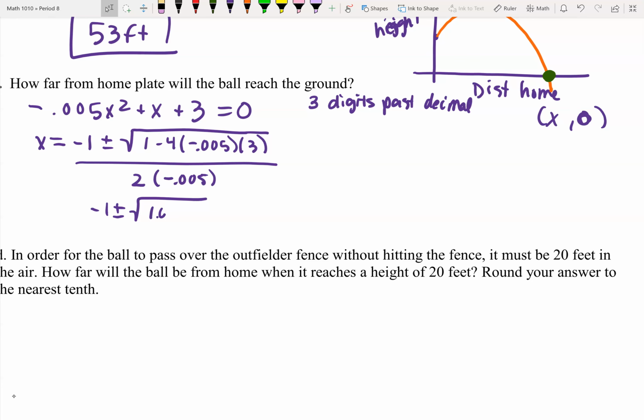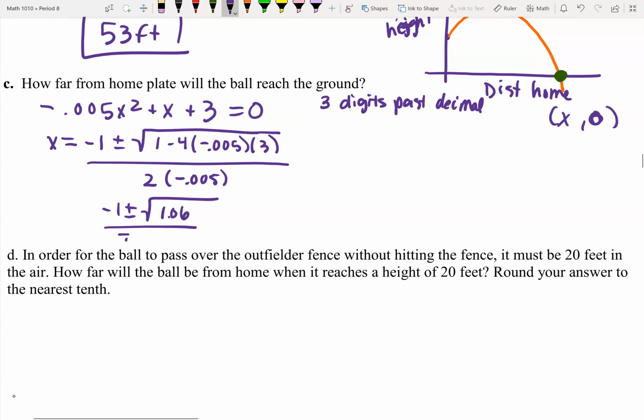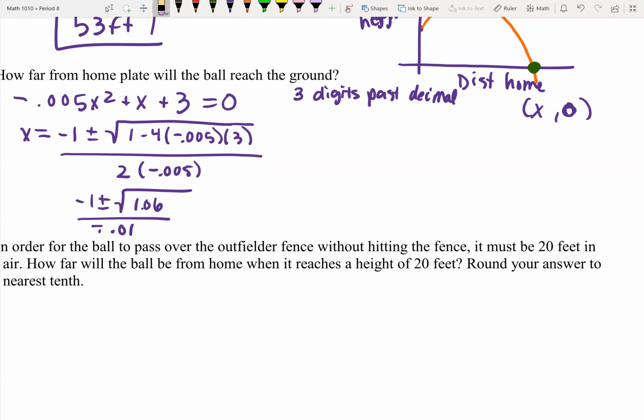When I put this in, I get 1.06 all over whatever that is. And then I start to go 1.06 and maybe try to break things down and then simplify. You don't have to do that, because you have permission to round.